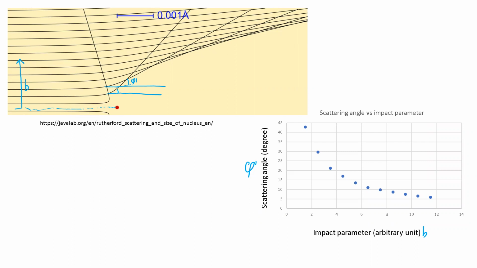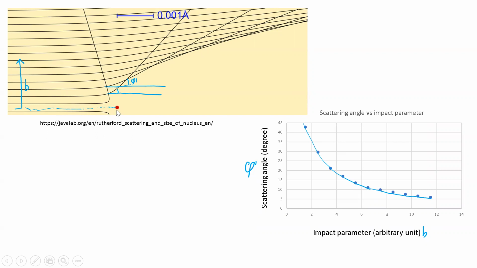So in fact, let me draw an interpolation for all these points. Okay. The function representing this curve, we will actually derive a bit later. But anyway, this picture really is from actual calculations for the Rutherford scattering.